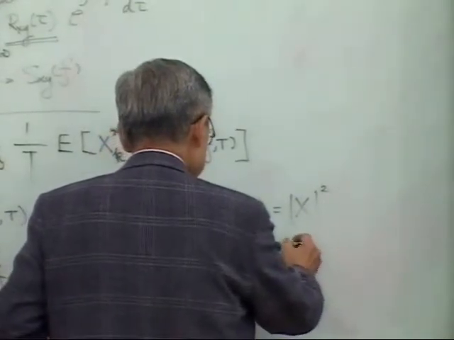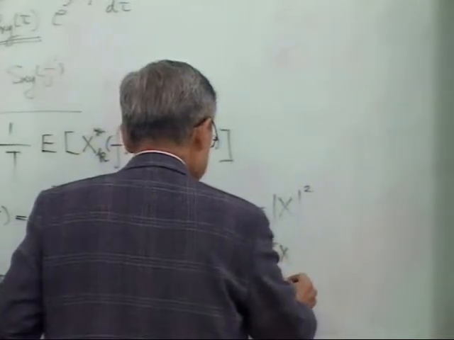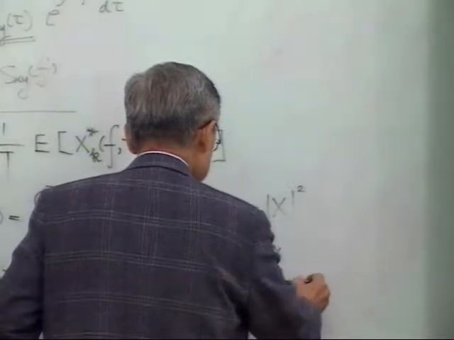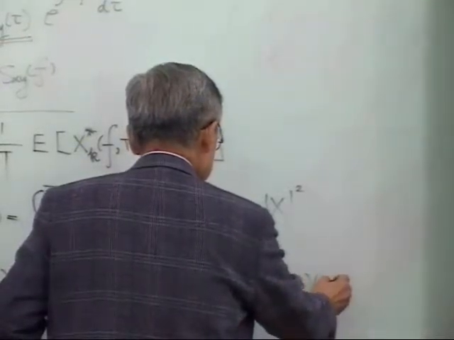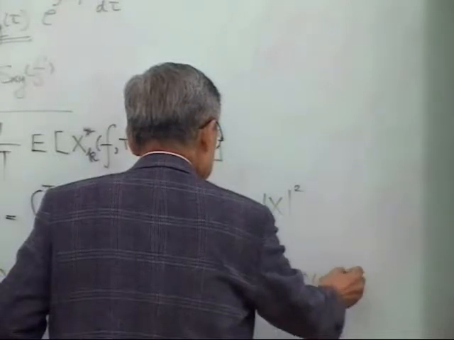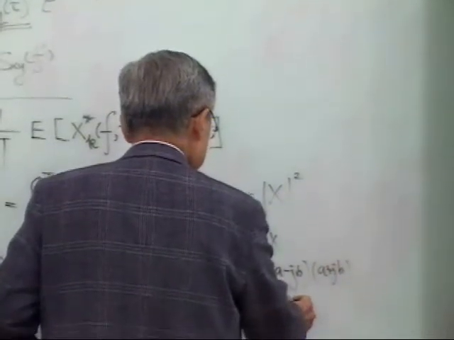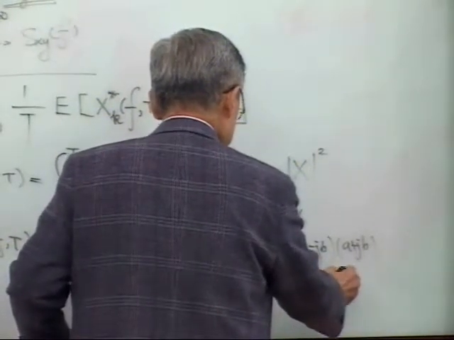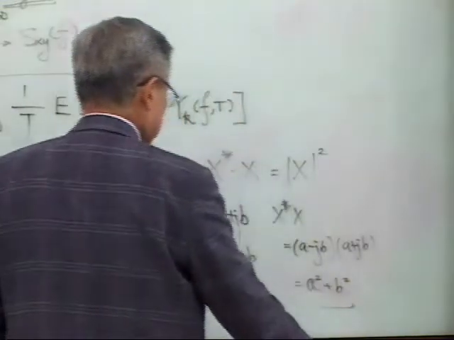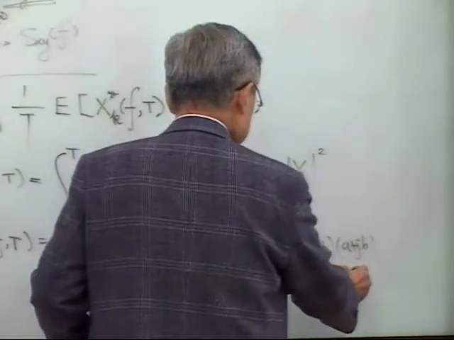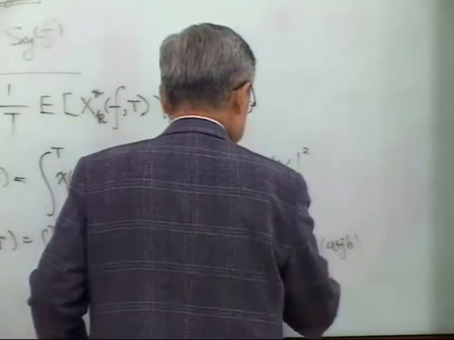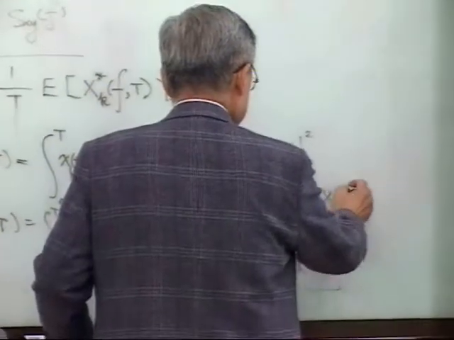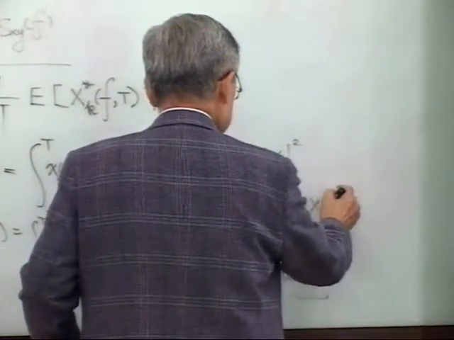So x star x is equal to A minus jB times A plus jB, which is equal to A squared plus B squared. Is this correct, right? Which is equal to x squared.